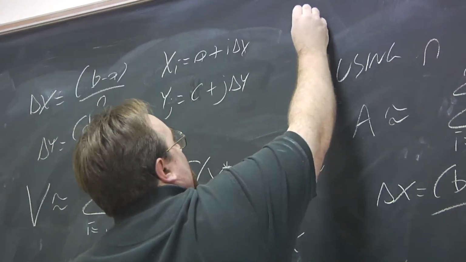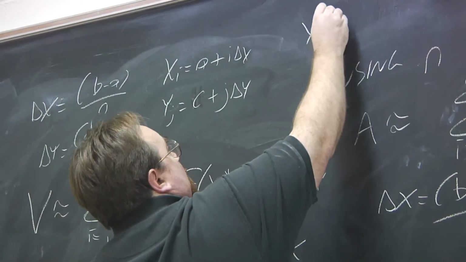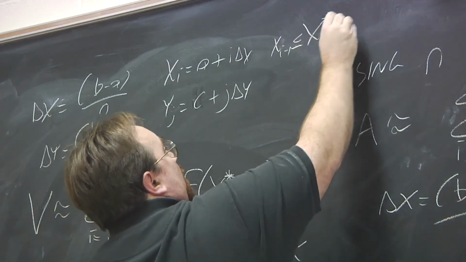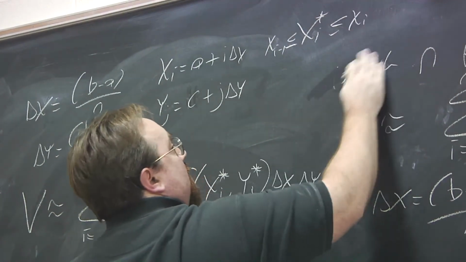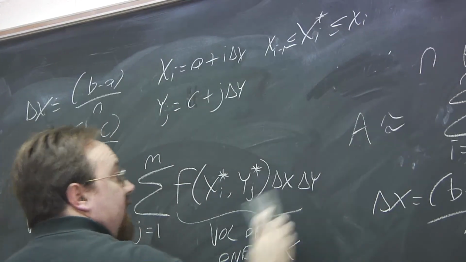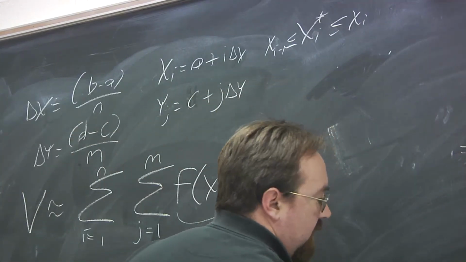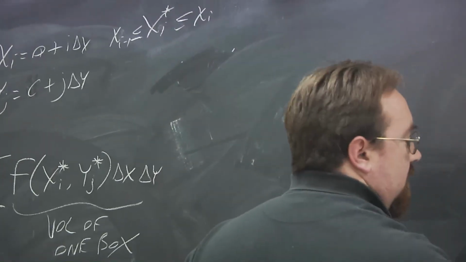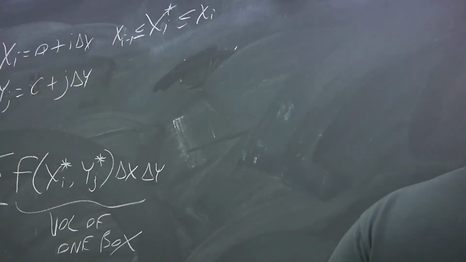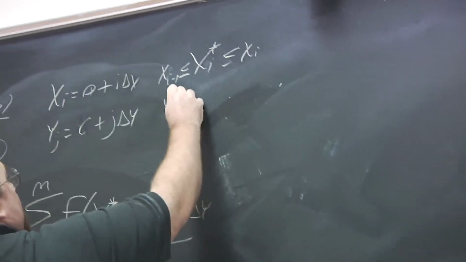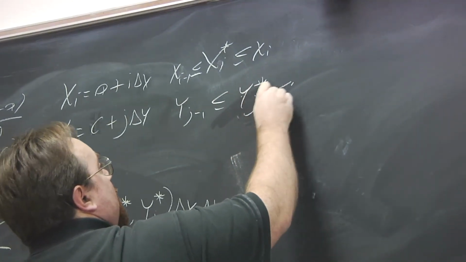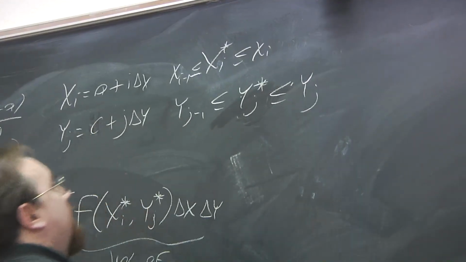So then we can define xi star and yj star in a similar way. Okay, so yj minus 1, yj star, yj.